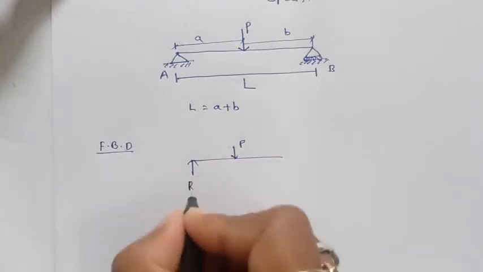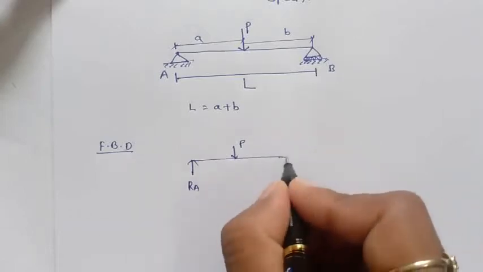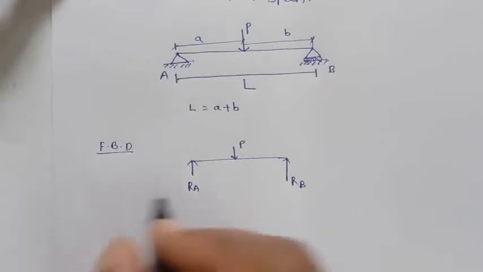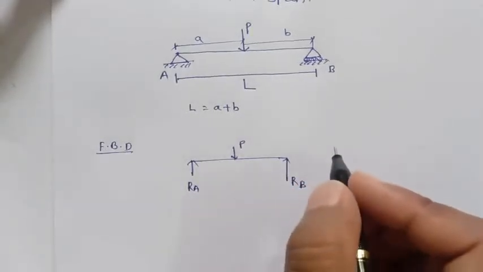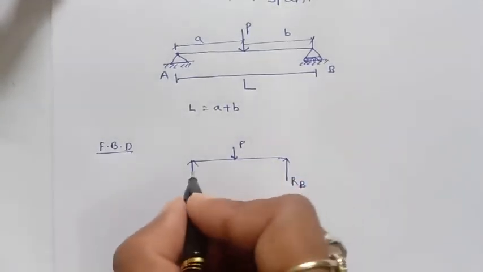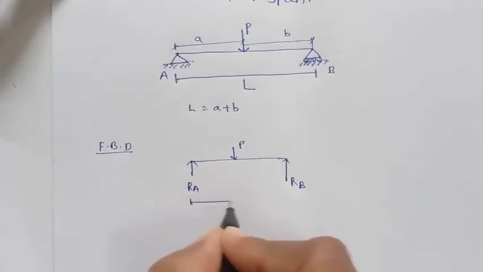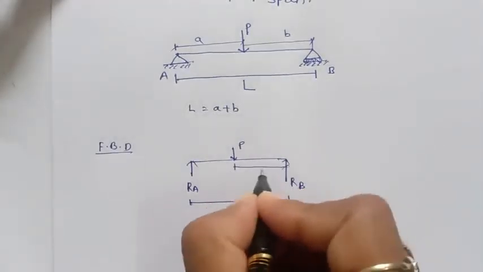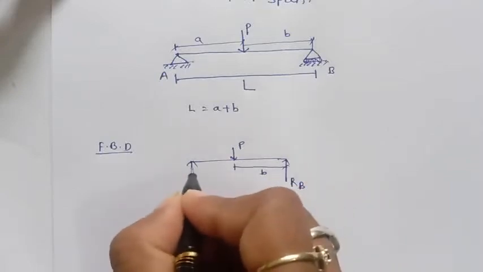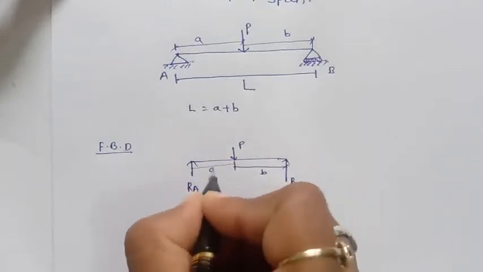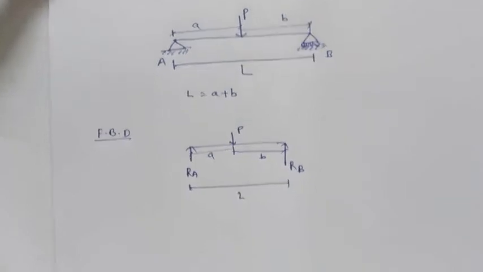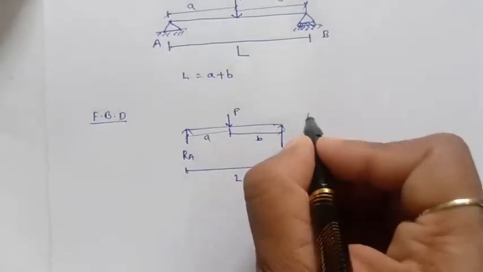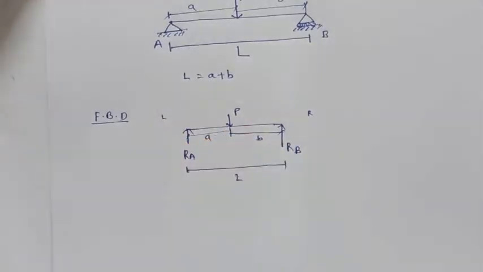so RA, and here this is RB, and the load is there, where the entire length is L, and from here to here it's B, and here to here it's A. Just for the convention, it's right to left.